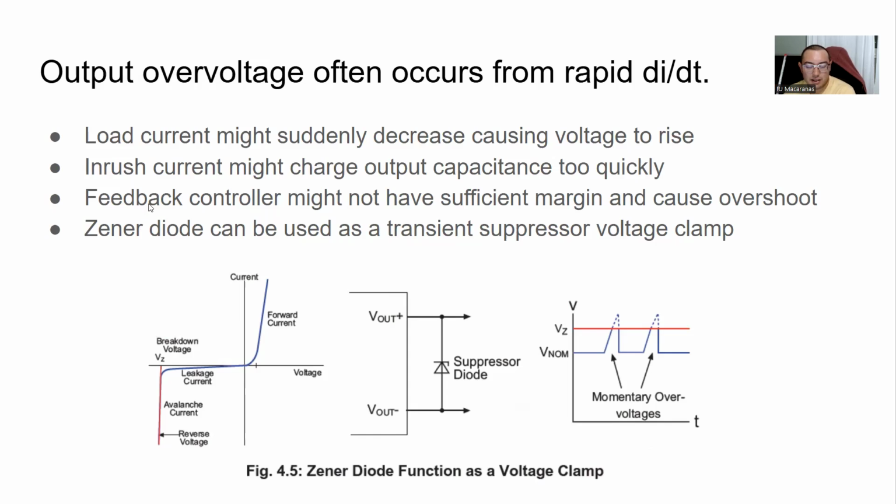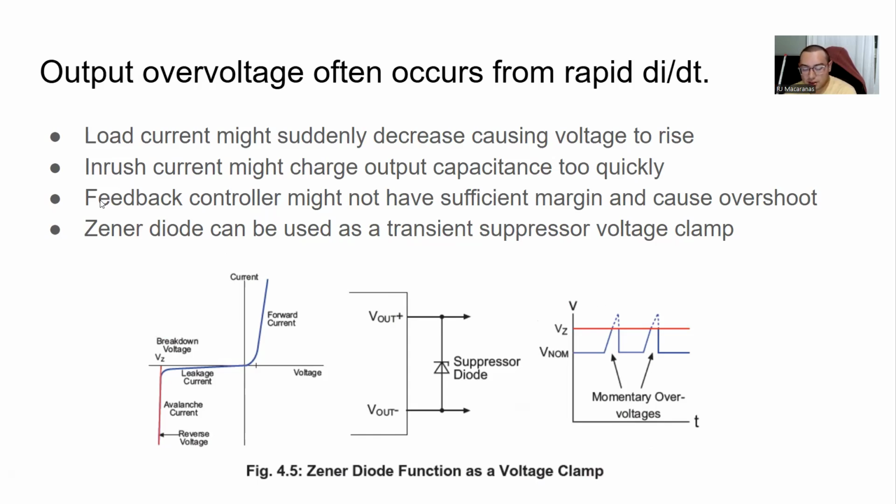Another way that these rapid di/dt's occur is due to the inrush currents that we talked about before. So these might charge up the output capacitance too quickly, causing the voltage to increase very quickly. You might also have the case where the feedback controller doesn't have sufficient margin and causes this overshoot.